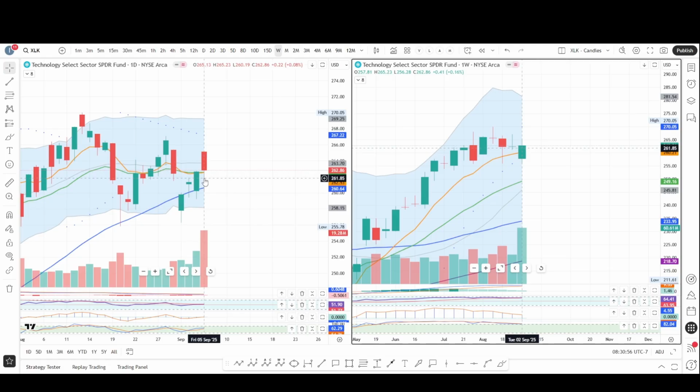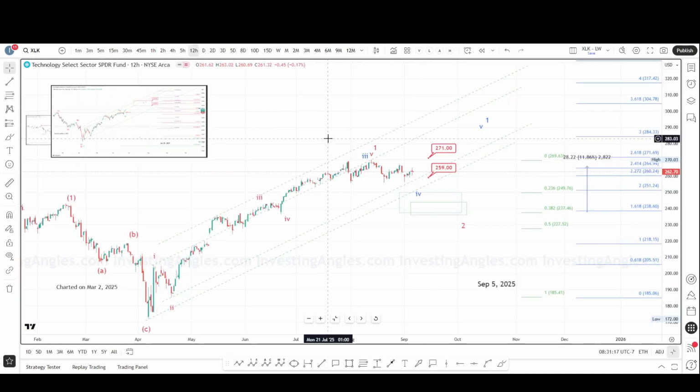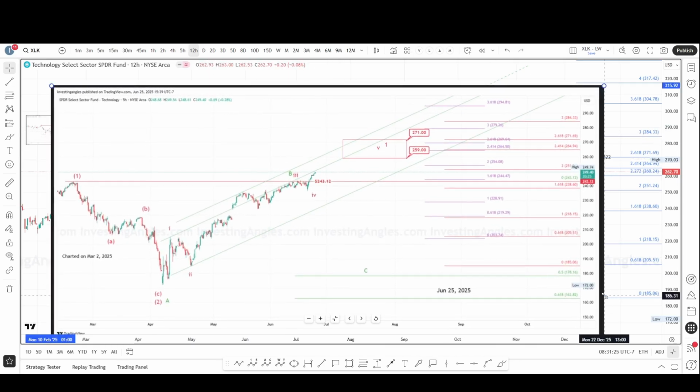I was thinking it would form a bearish engulfing or some sort, but in the end, it closed with just an on neck candle, which is most likely a bullish continuation. Let's see what happens and how it works next week. So the technology chart remains the same. We are not changing anything here. This is the chart that we discussed way back in June.